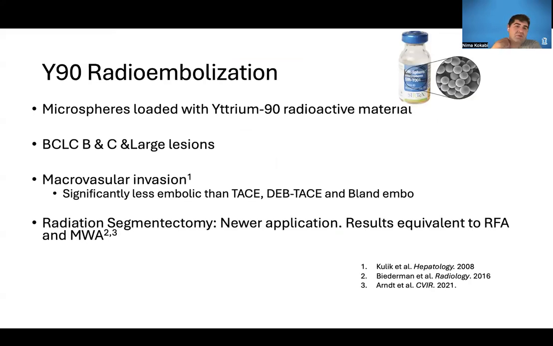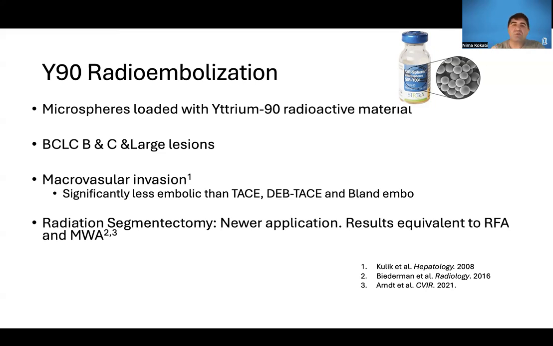Finally, and I know I've gone over time, radioembolization. I'm not sure about the availability of radioembolization in Armenia, but it is a newer form of technology that we use for treatment of liver cancers. Basically, instead of microspheres eluted with chemo, as in deptase, there are radioactive materials under the surface or within the microsphere, and the one most commonly used around the world is yttrium-90 or Y90.